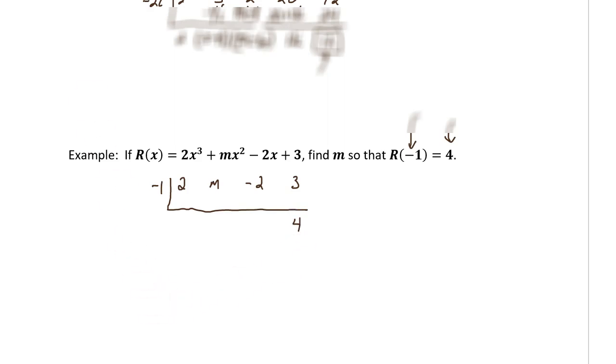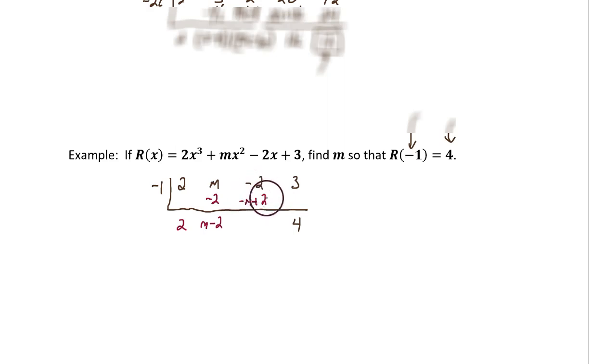Now let's run through the process. What do you do first? Pull down that first number. Then multiply these together and write the result underneath. Now what do you do with these? Add them. So we get m minus 2. Then multiply. So m times negative 1 is negative m, and negative 2 times negative 1 is positive 2. Then add these.